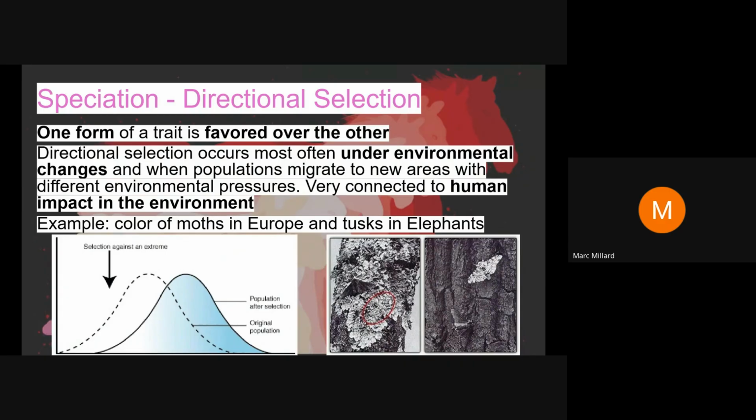Because they were blackened, these white peppered moths would stand out and they'd get picked off by birds. Whereas the dark colored moths, which you see down here underneath, would blend in better. And so after about 50 years, the dark colored moths were the ones that dominated.